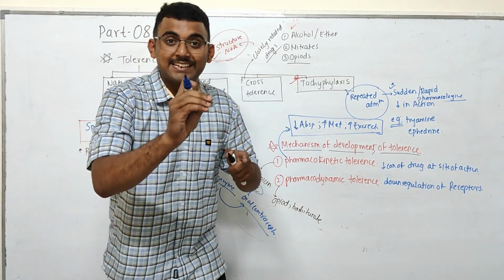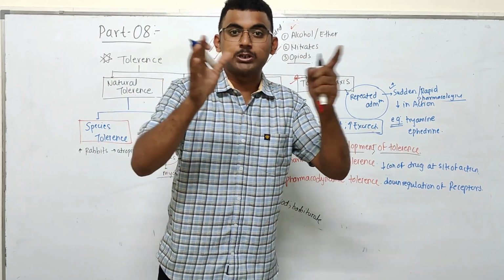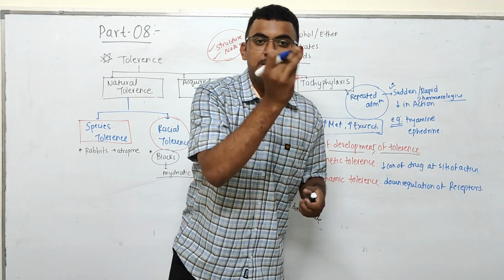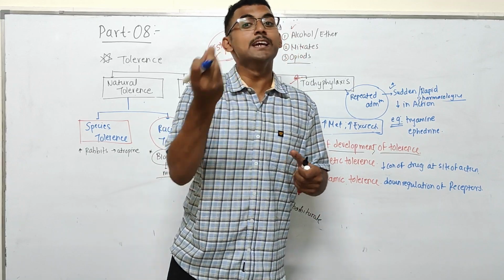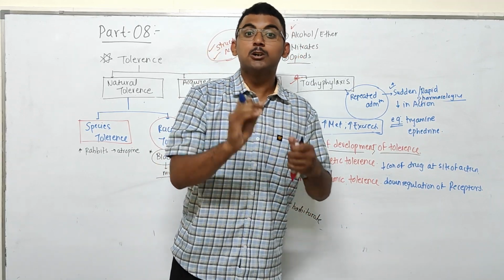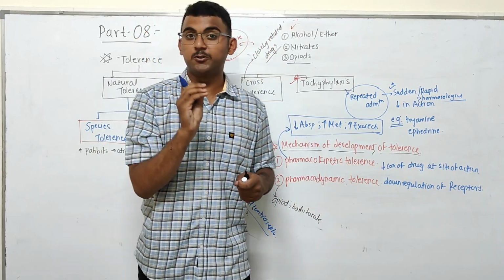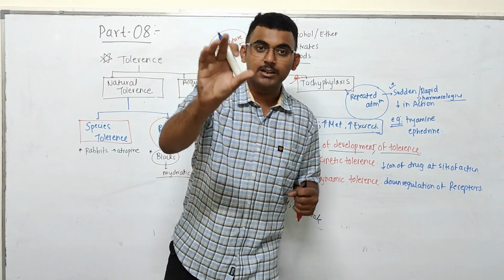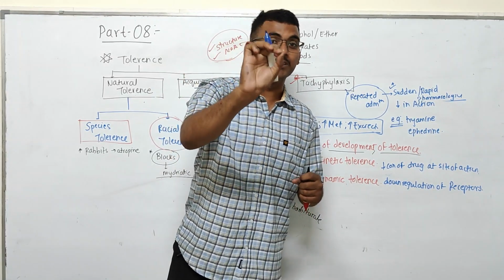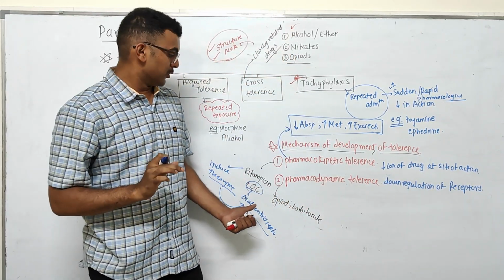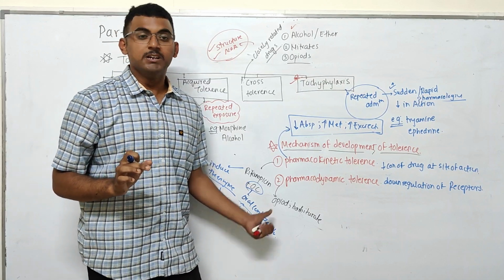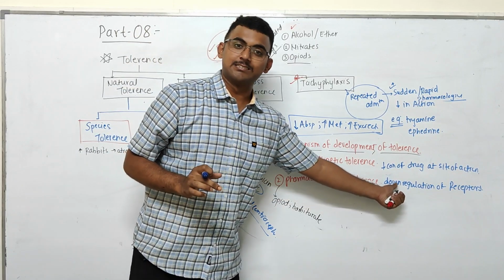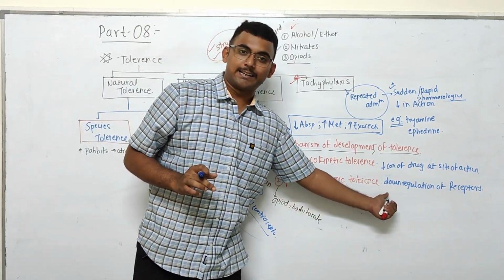Rifampicin will activate the enzyme for metabolizing the oral contraceptive. So without showing the contraception, the oral contraceptive will be metabolized and excreted, and this will lead to contraceptive failure. Why is there contraceptive failure? Because rifampicin induces the hepatic enzyme which is responsible for the metabolism of the oral contraceptive. This comes under pharmacokinetic tolerance.